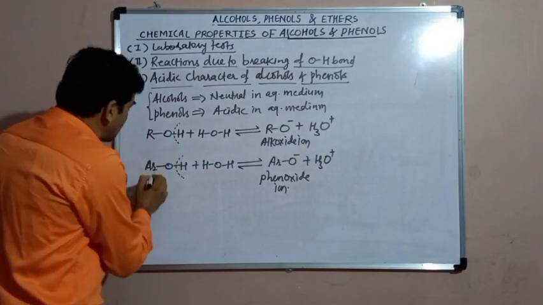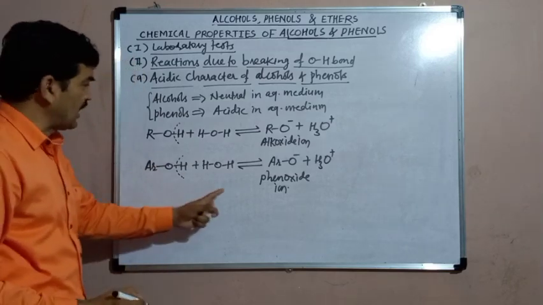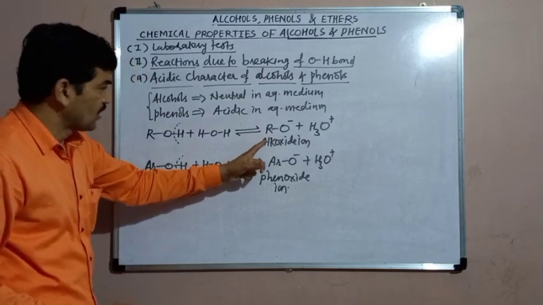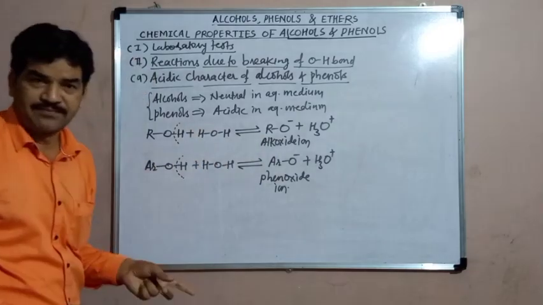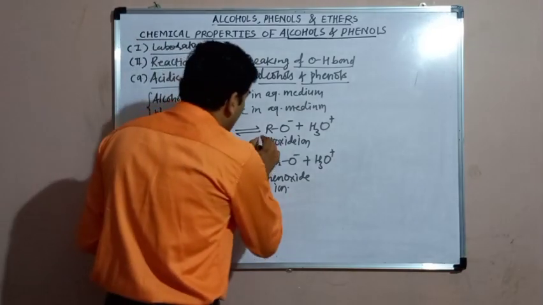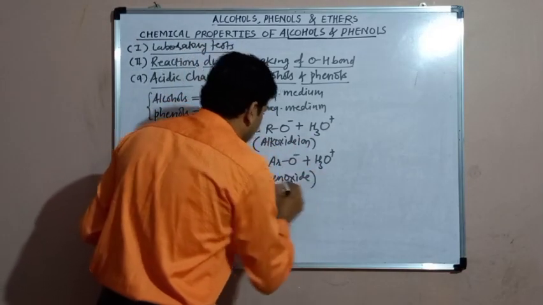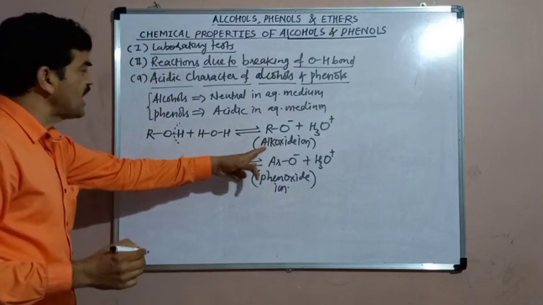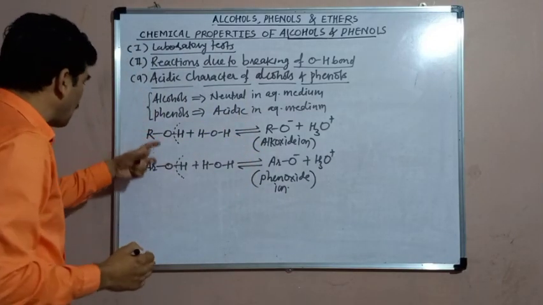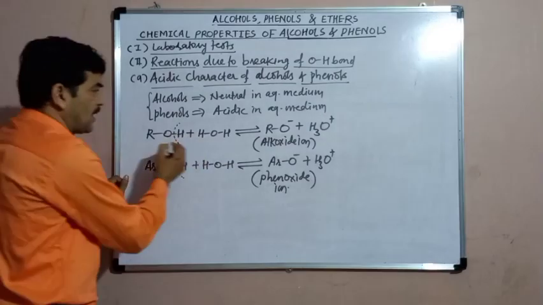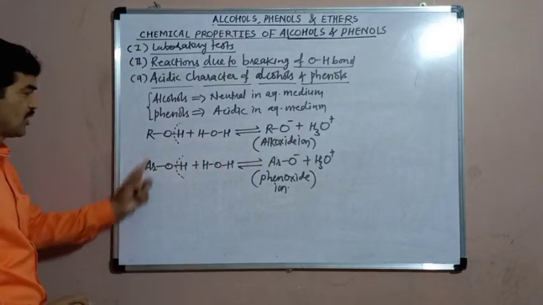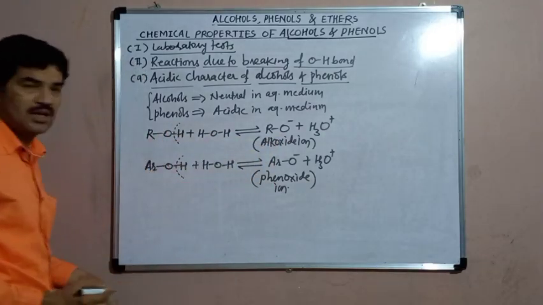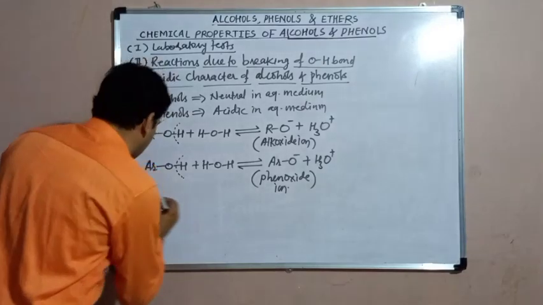Now here alcohol as well as phenols, when dissolved in water, give the corresponding alkoxide ion and phenoxide ion. These are the conjugate bases of alcohol and phenol. The conjugate base of alcohol is alkoxide ion and the conjugate base of phenol is phenoxide ion. Now what is the meaning of conjugate base?